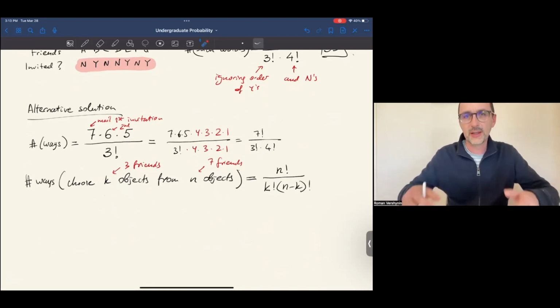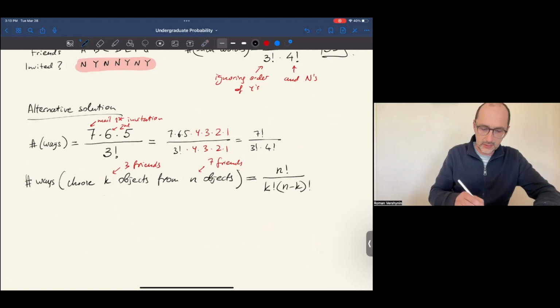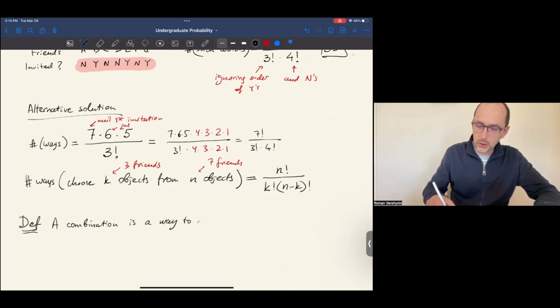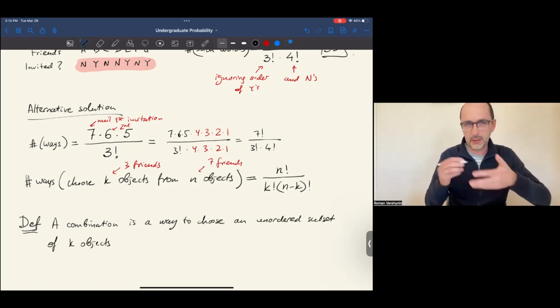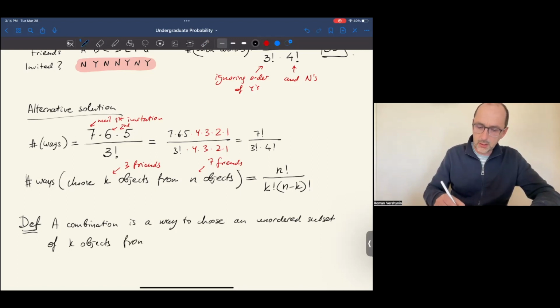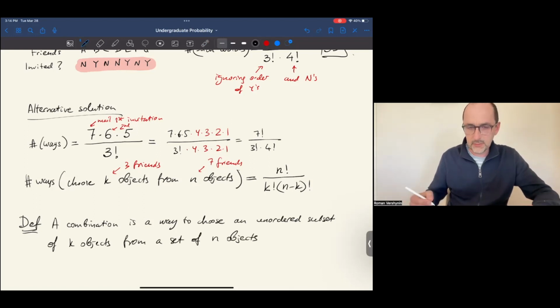It is very important, and it has a name. It's called a combination. By definition, a combination is any way to choose an unordered subset of k objects, such as an unordered subset of 3 friends, from a set of n objects, such as 7 friends.